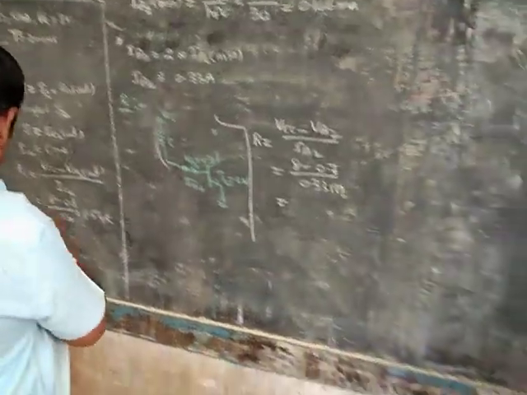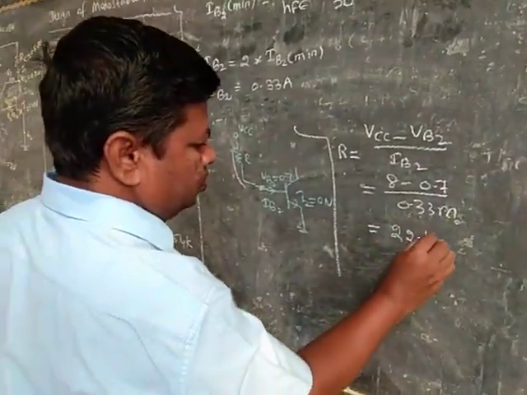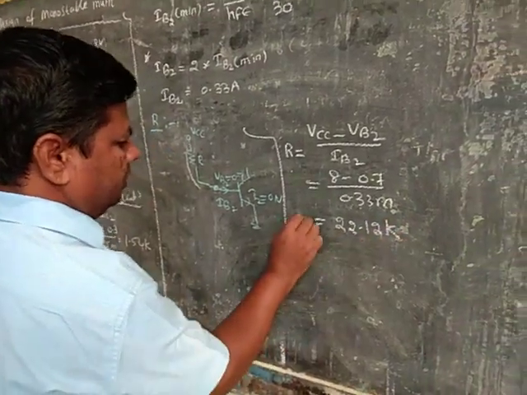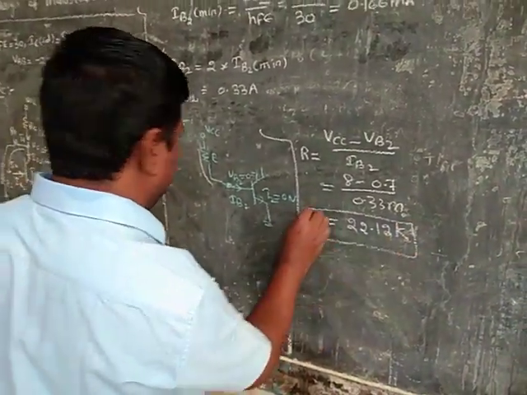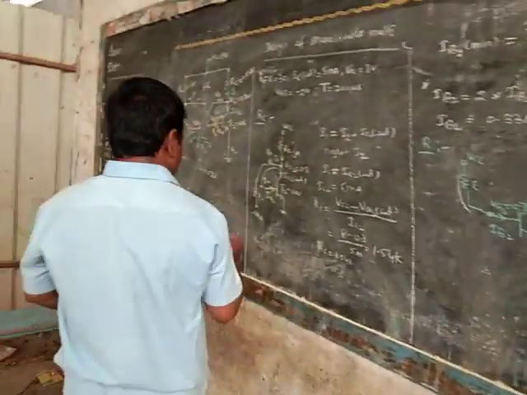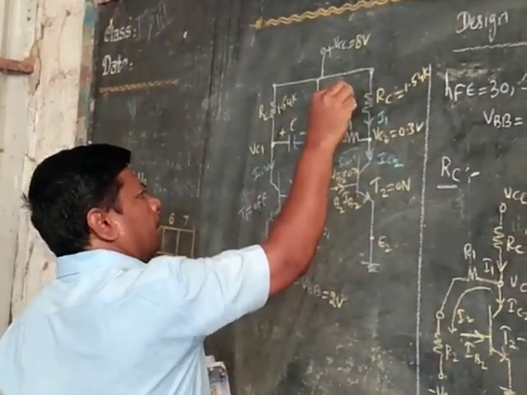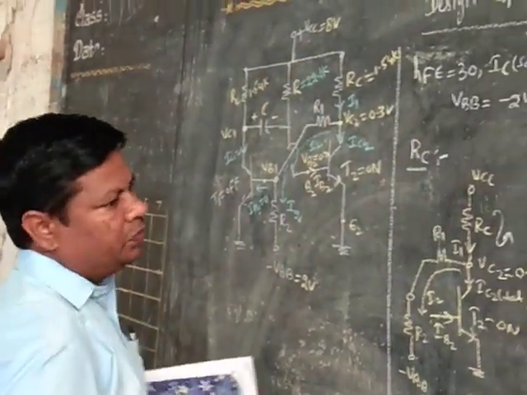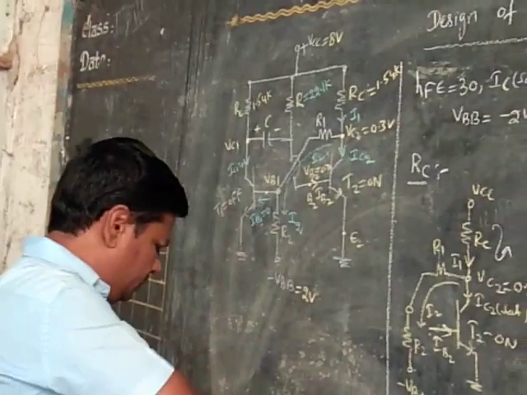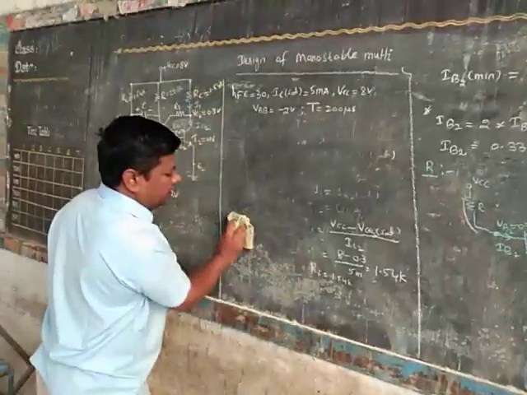R is equal to 22.1 K. That is R. Now after R, the C value.